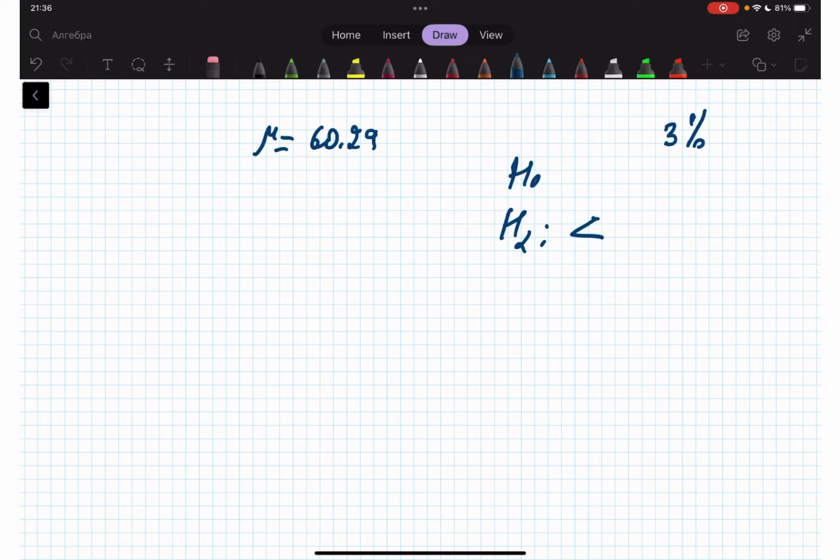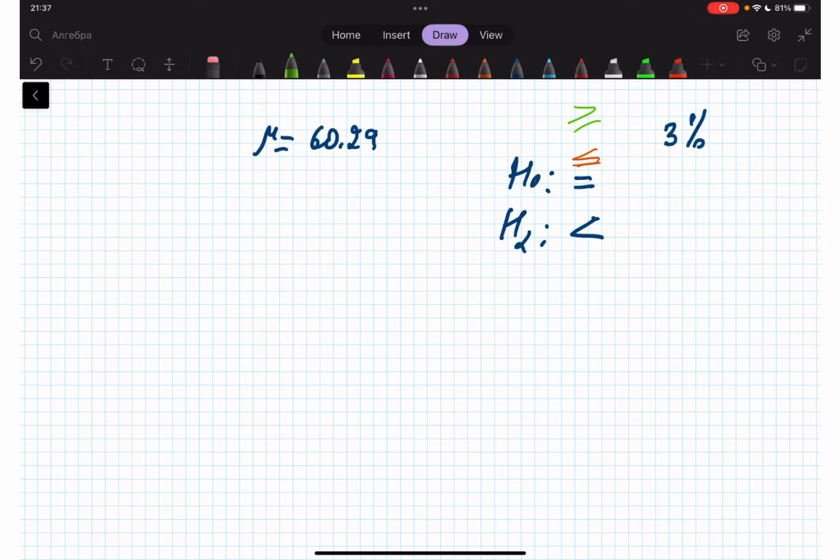Only the null hypothesis is going to hold the equal sign. It's going to be either equal, less or equal, or greater or equal. So wherever the equal sign is, that belongs to the null hypothesis.